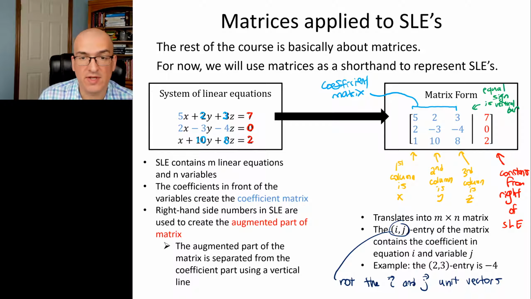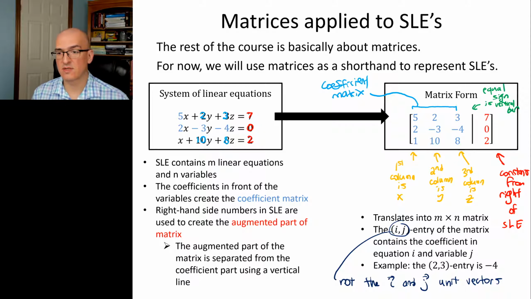So the 2, 3 entry is i equals 2, j equals 3. It's a very common shorthand in mathematics, computer science, and engineering, and it's unfortunate that it has overlap with the unit vectors i, j, and k, but that's just the way it is. You'll have to know from the context what is being talked about. If it's asked for the i, j entry, then it's not unit vectors.